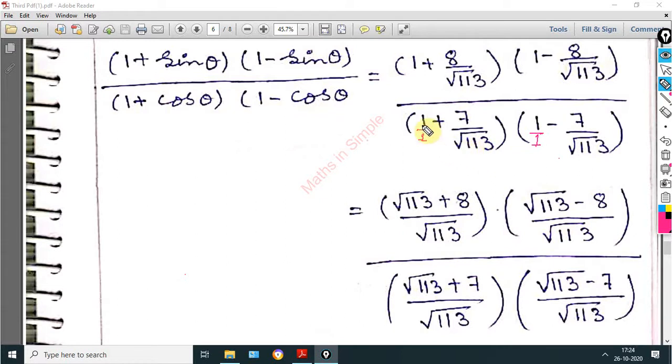Under root 113 into 1 is under root 113. Next, plus. 1 into 7 is 7. Now, 1 into under root 113 is under root 113. Here also cross multiply. Under root 113 into 1 is under root 113. Minus 1 into 7 is 7. Next, 1 into under root 113 is under root 113. Now the denominator is also over. Now we have to simplify more.